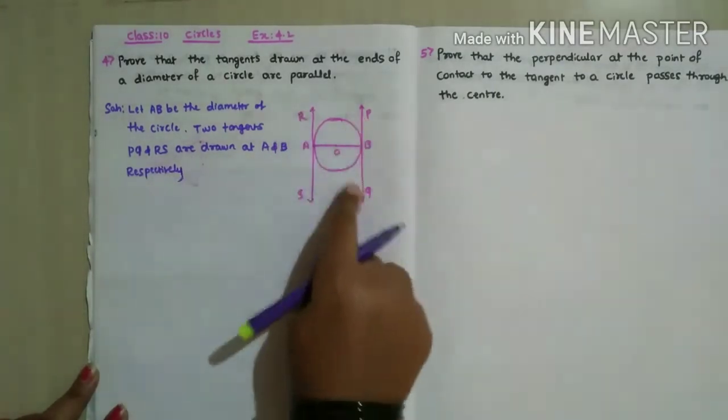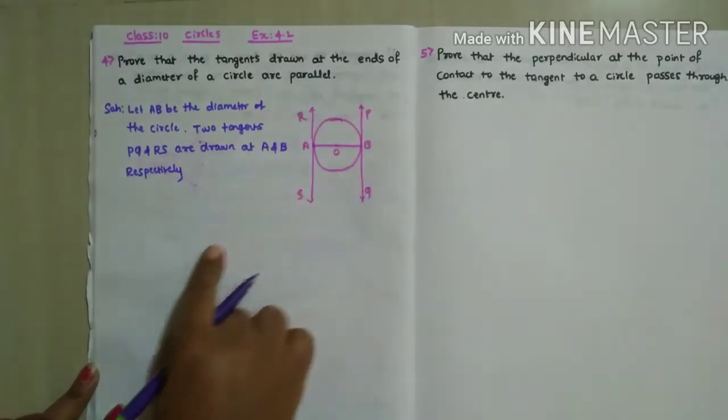Your tangents PQ and RS are drawn at points A and B respectively.